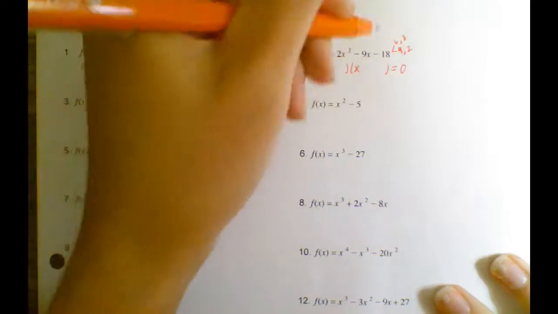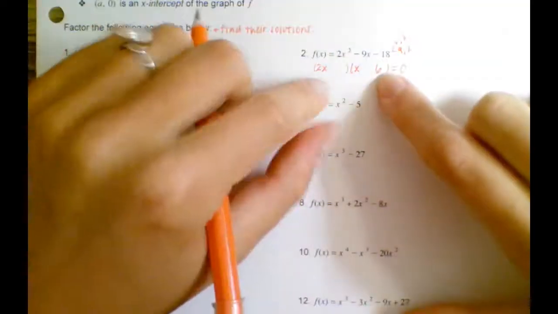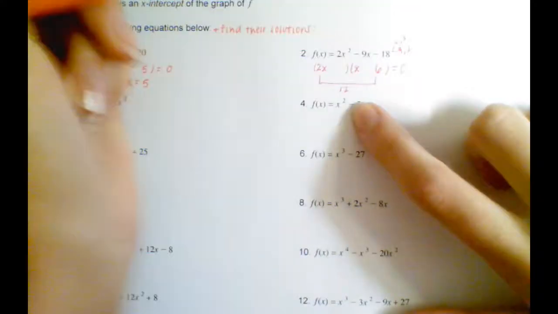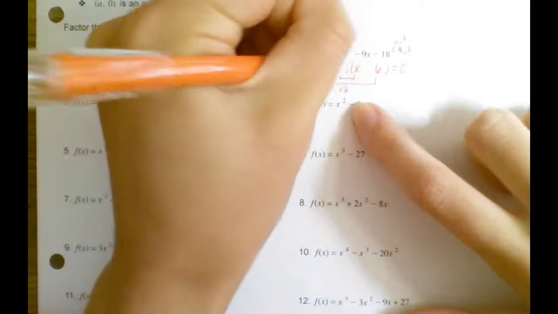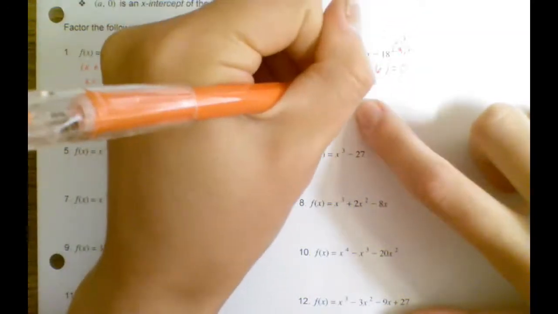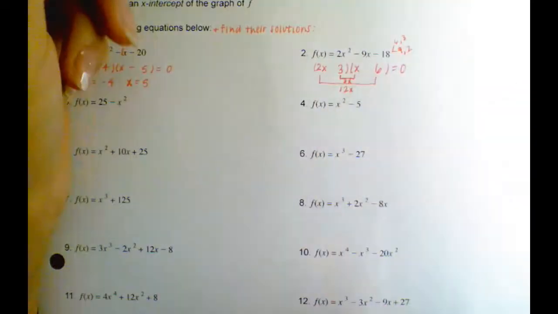So if I plug in a 6 right here, these 2 numbers give me 12, and these 2, I need a 3. 6 and 3 give me 18. That gives me 12x. This gives me 3x. I can add 3x and 12x to get 9x.